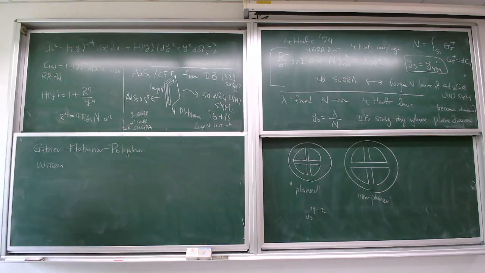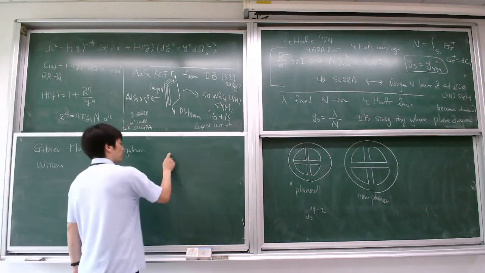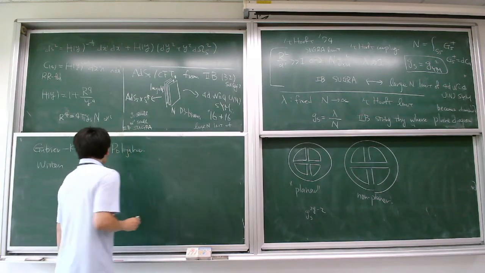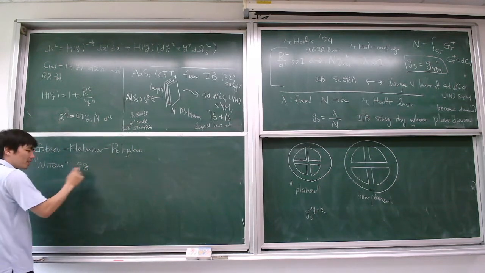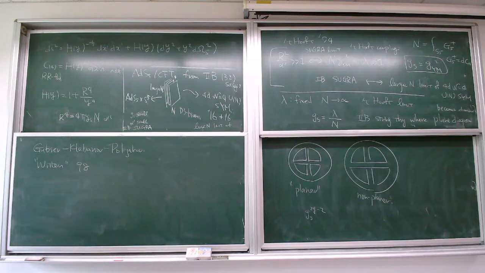So they put this proposal in a more concrete form in string theory. It's called the GKPW relation. And I highly recommend you read this paper. It's a wonderful paper from '98. What was the title?